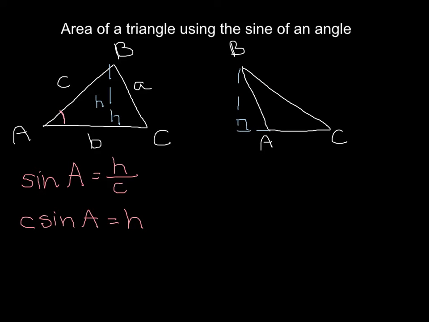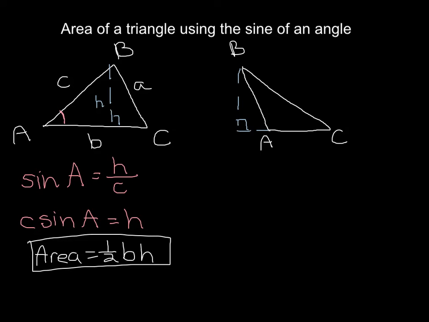Now, we know that the formula for the area of a triangle, I'll write in this box, the area is 1/2 the base times the height of the triangle.